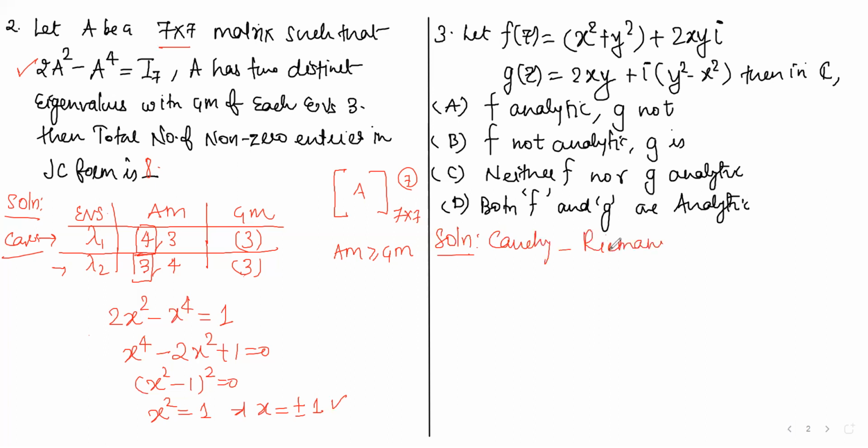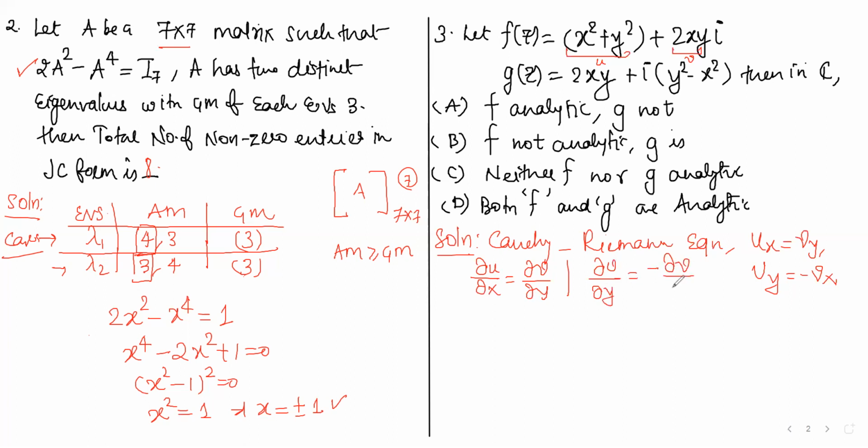We'll consider the Cauchy-Riemann equations, which are ux equals vy and uy equals minus vx. Here u is my real part and v is my imaginary component. So to satisfy the CR equations, if I differentiate u partially with respect to x, this should be equal to vy, and if I differentiate u partially with respect to y, I should get minus of del v over del x.